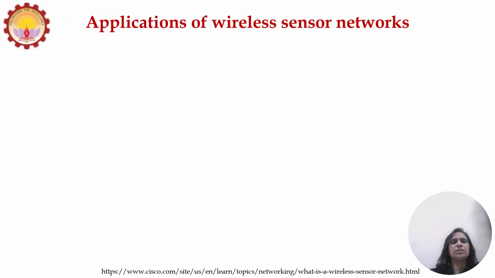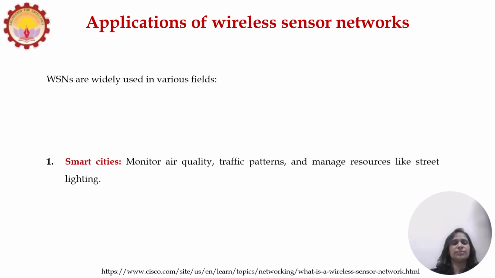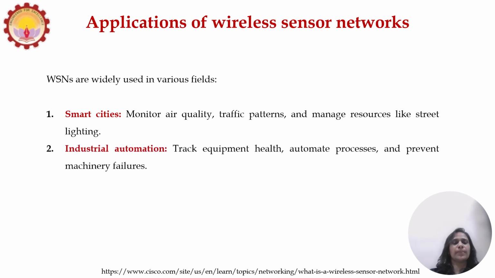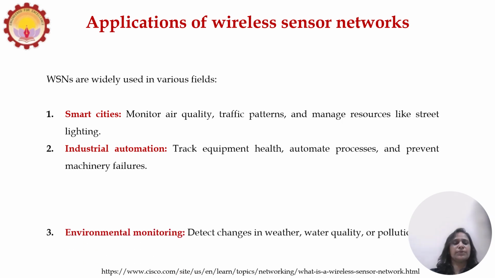So now we will see the applications of these wireless sensors in real life. In smart cities, these wireless sensors are used for monitoring air quality, traffic patterns, and managing resources like street lighting. Then in industrial applications, wireless sensors are used to track equipment health, automate processes, and prevent machinery failure.